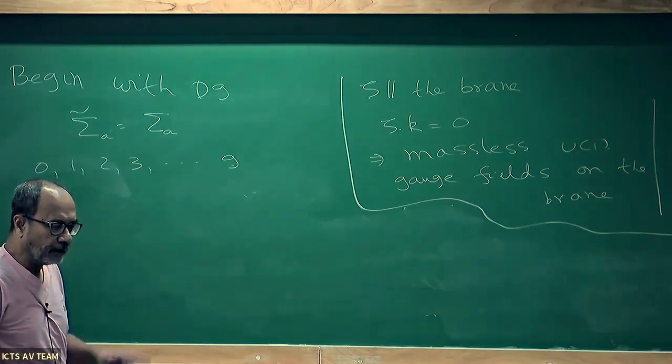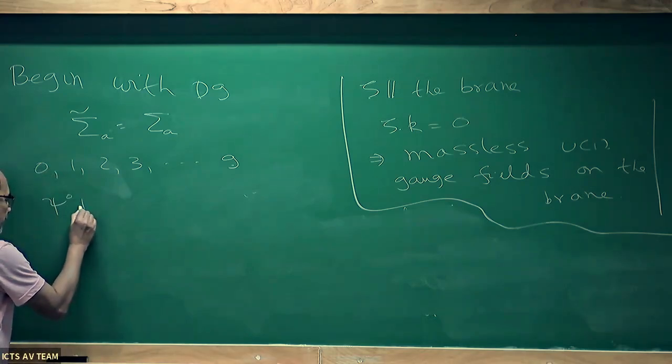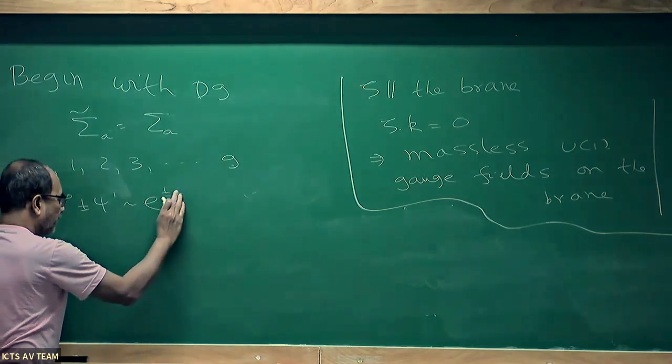Now, if you recall, the way we define the spin fields is that we combine psi 0 plus minus psi 1, call this e to the plus minus phi 1.